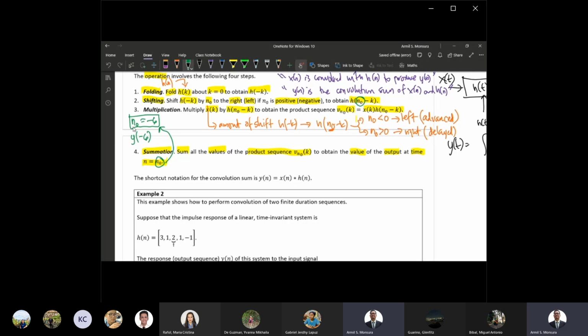For example, if the shift you used is -6, then you're computing the output value at n equals -6.